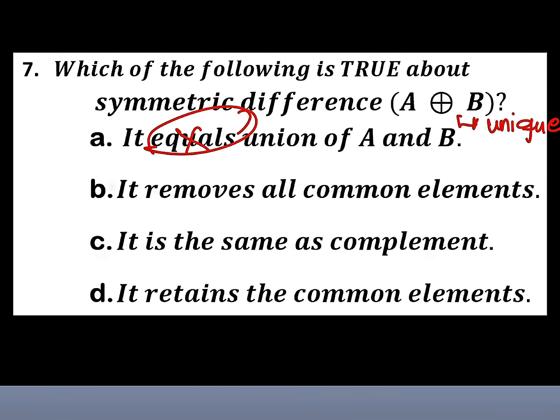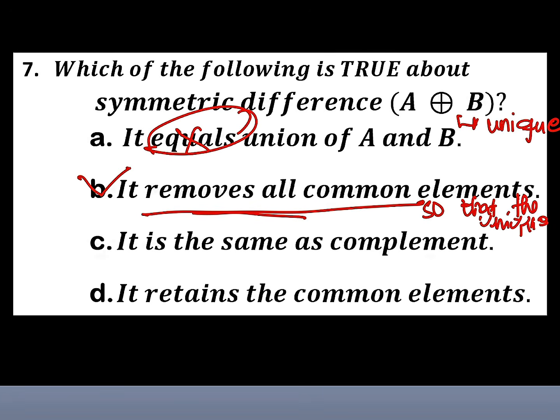We're looking here for the unique. For letter B, it removes all common elements. Yes, we are going to remove all the common elements, and you will write down only the unique elements. So this is part of the symmetric difference.